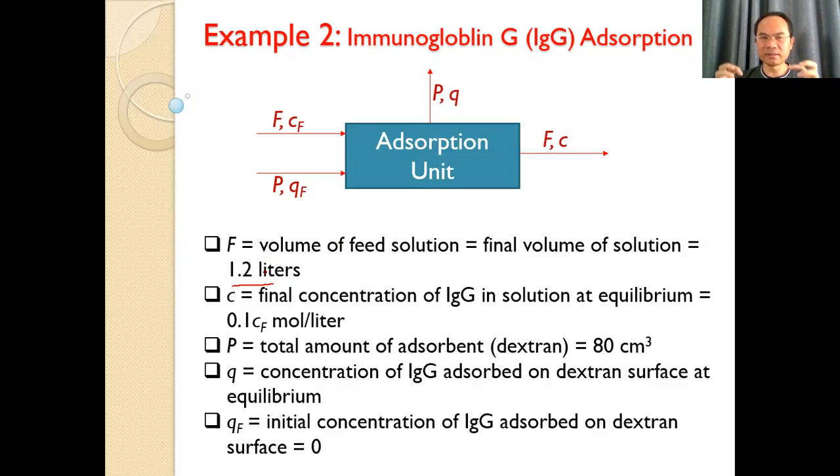C is the remaining solute in the solution, 0.1 CF. We assume this is in equilibrium. P is the total amount of adsorbent, in this case dextran, 80 cubic centimeters. And Q is the concentration of solute adsorbed on the dextran surface at equilibrium with C. QF is the concentration of IgG.